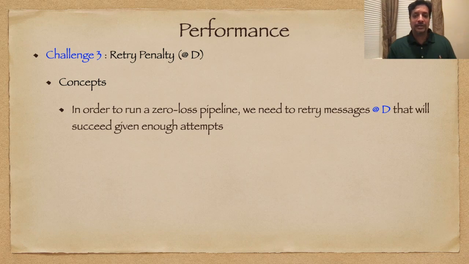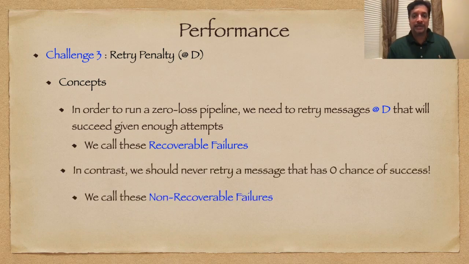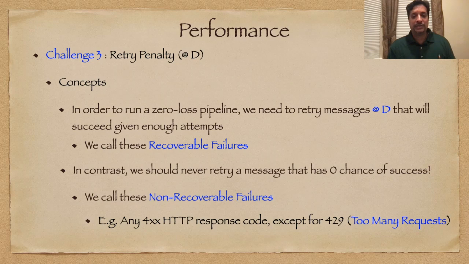So we have to determine whether we can succeed through retries. We call these types of failures recoverable failures. However, there are also some types of errors that are not recoverable. For example, if we receive a 4XX HTTP response code, except for the throttle 429s, we should not retry because they will not succeed even with retries.